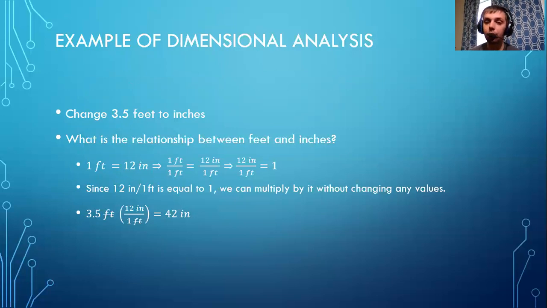And now we can multiply anything by 1 without changing its value. So we take 3.5 feet times 12 inches over 1 foot, because that is equal to 1. Now feet cancel out, and 3.5 times 12 is 42, and we're left with just inches. So that's how we use dimensional analysis to get from one unit to another.